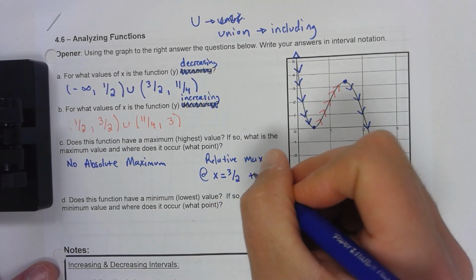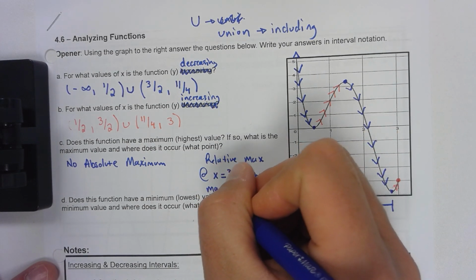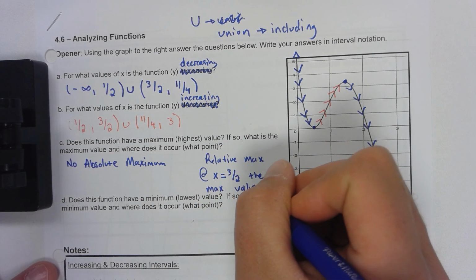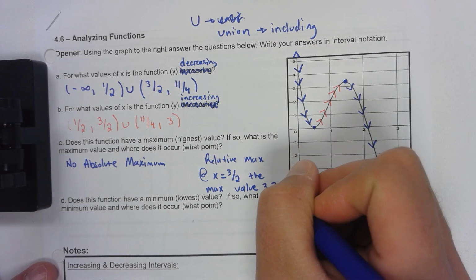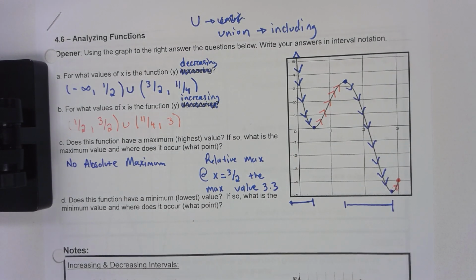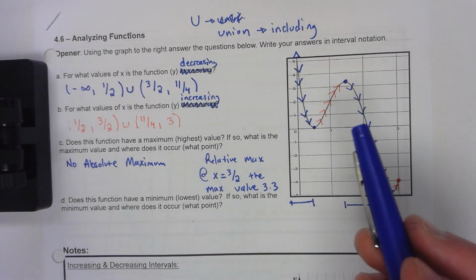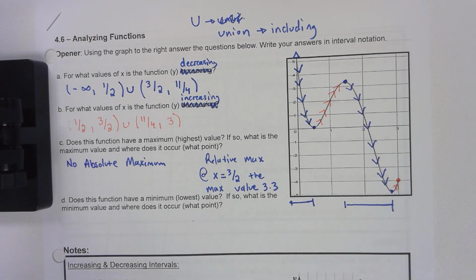And the max value is the y coordinate, which is 3.3. Okay, so there's going to be a difference between absolute maximums and minimums and relative maximums or minimums. Okay, the relative is just, is there any hill and any place where you could be standing on top of that hill?